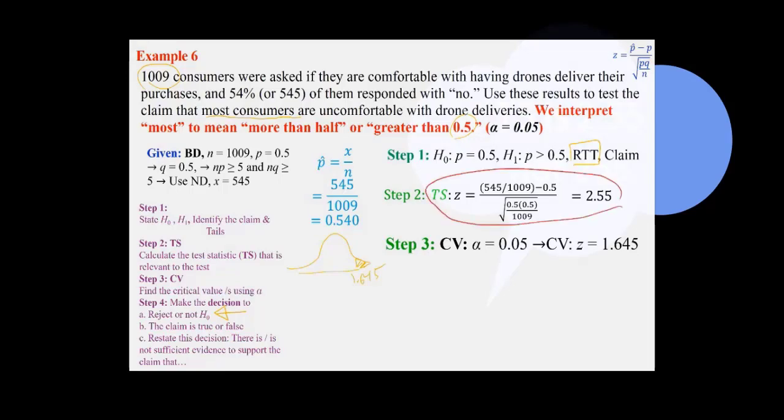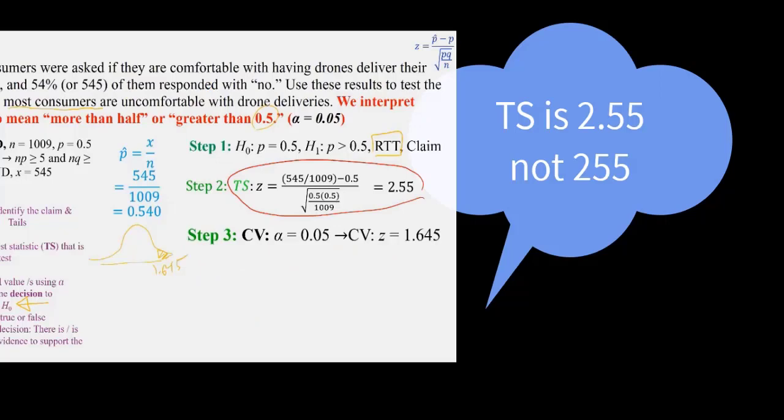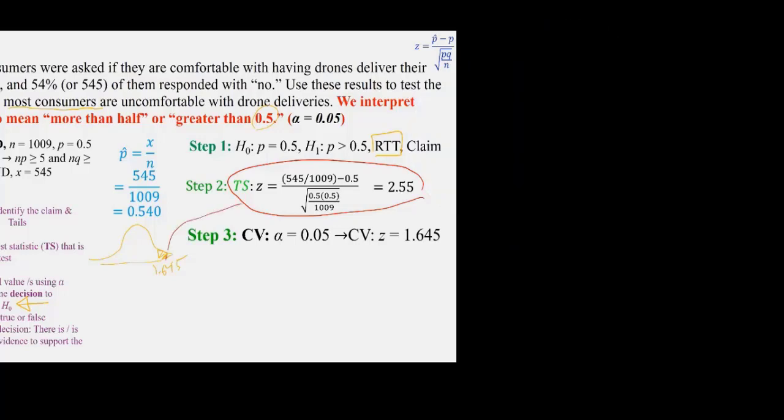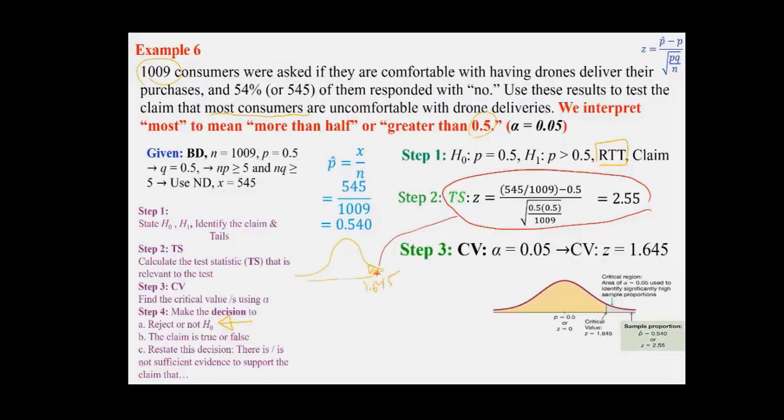Now 2.55, I hope you see it's larger than 1.645. And it doesn't have to be to scale, it's somewhere here. It's way into the tail, into the rejection region. Look at this. Critical value is 1.645. And the Z is 2.55, way into the rejection region. So what do we do? Reject H0.